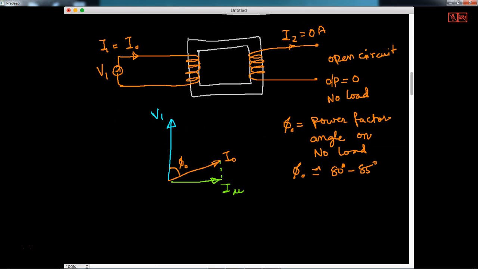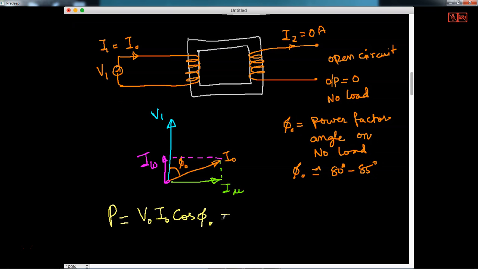So therefore there is going to be a power loss. So that means actually what is the input power here? So input power P is nothing but V0 I0 cos of phi naught.